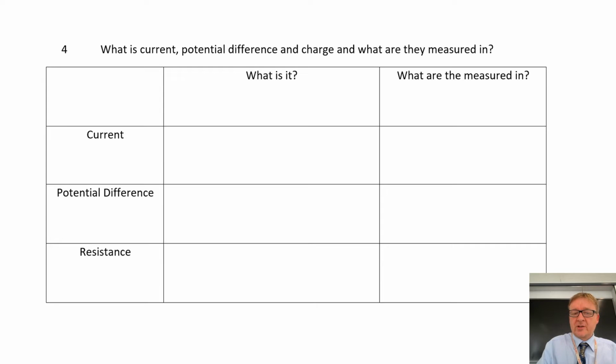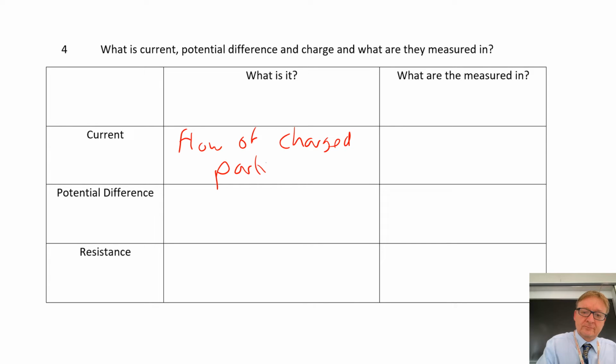So what are current, potential difference and charge? Current is basically the flow of charged particles, often electrons, but I like the word flow. Measured in amps.